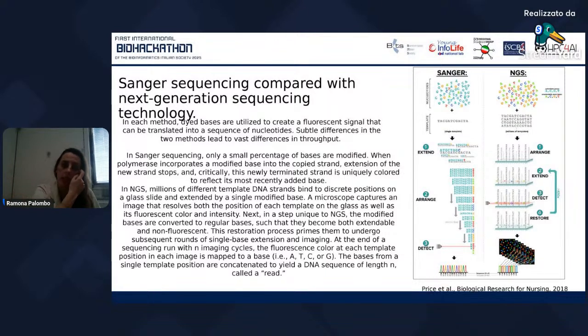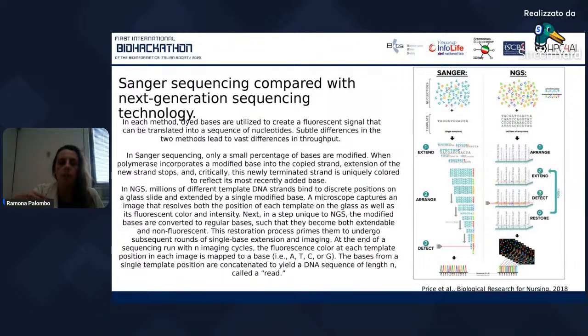So with Sanger technology, we can sequence a small number of templates. Instead, with NGS, we can sequence many templates at the same time and in a very efficient manner.